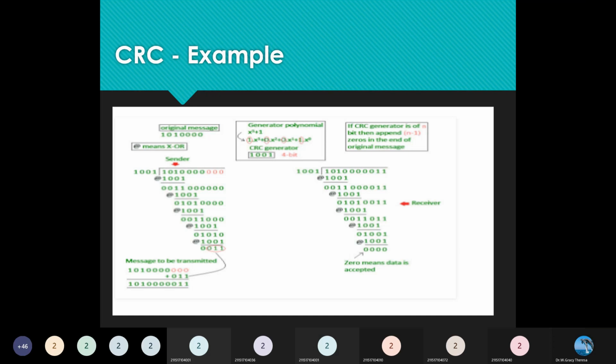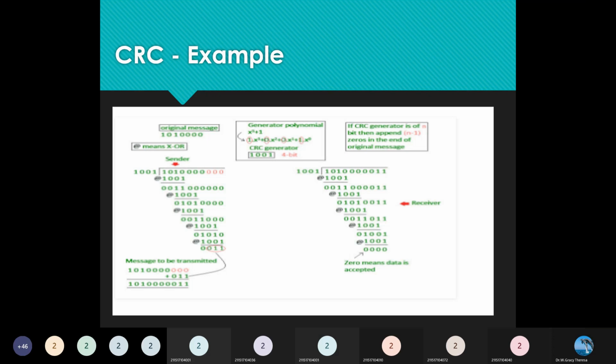Here in CRC, 1001 is the CRC generator, the divisor we are going to use to divide the original source message, which is 101000. That message will be divided by this CRC generator 1001.